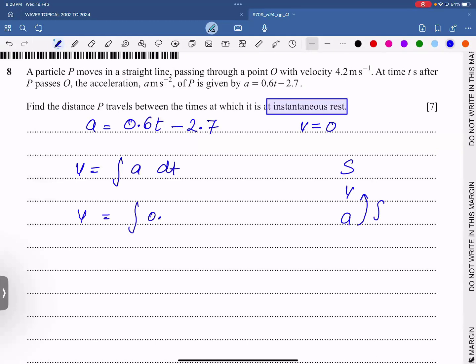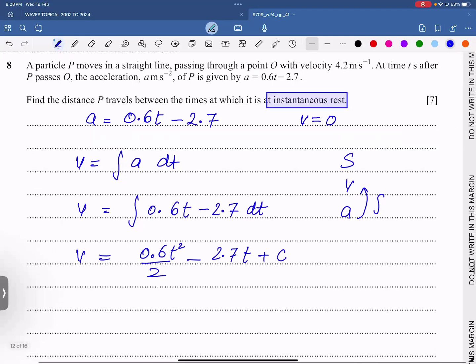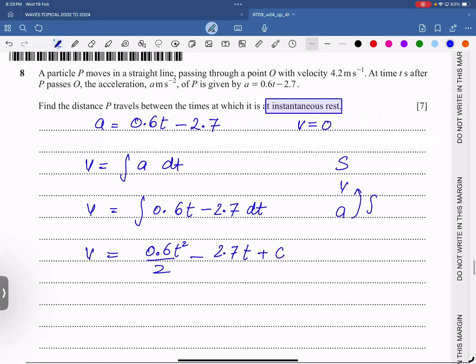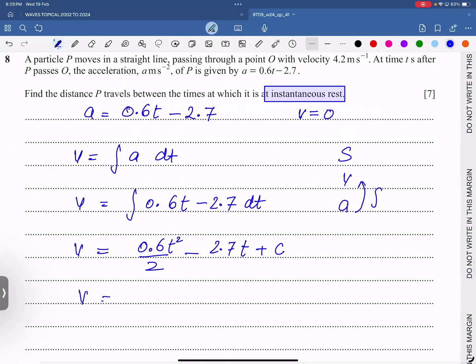So integrate 0.6t minus 2.7 with respect to t. Velocity is 0.6t squared over 2 minus 2.7t plus c, my dear students. So we need to make sure what is c. We will find c. It's not always 0. So this is 0.3t squared minus 2.7t plus c.